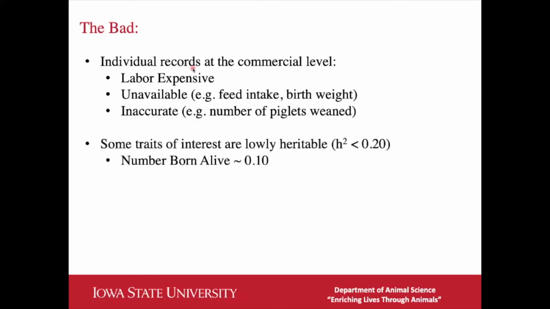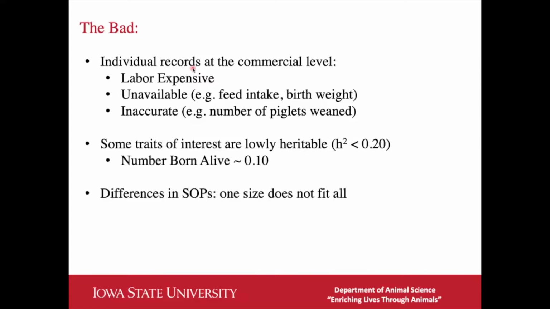From the point of view of the ability to improve traits, we know that there are many traits that are lowly heritable. For instance, reproductive traits are known to be lowly heritable. So only 10% of what you see is due to genetics. And I'll talk a bit about this again later on.